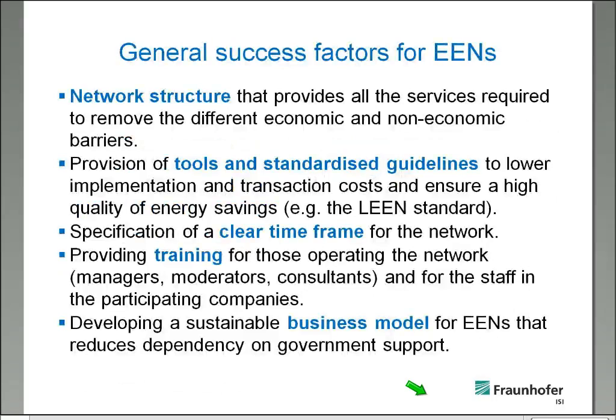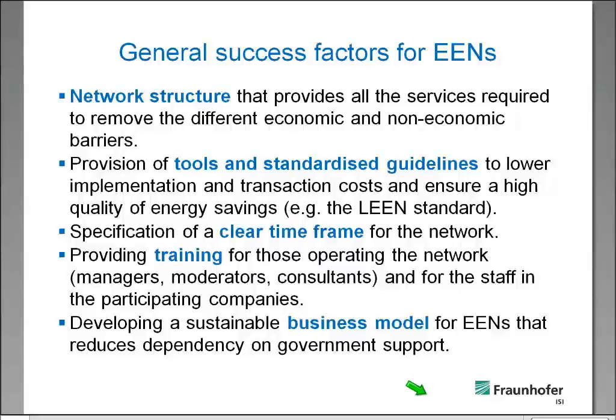But looking at the success of these LEEN networks, the early example from Switzerland and from some other countries which already have some experience in this concept, we can draw some conclusions on general success factors for these energy efficiency networks to reach these very positive results I showed.